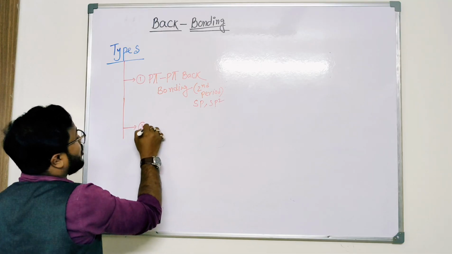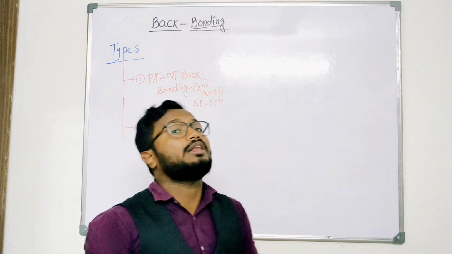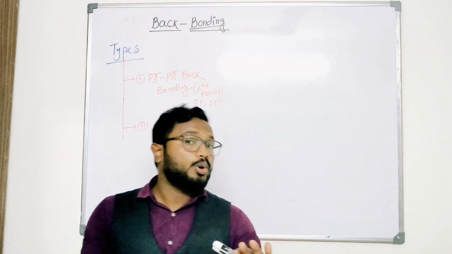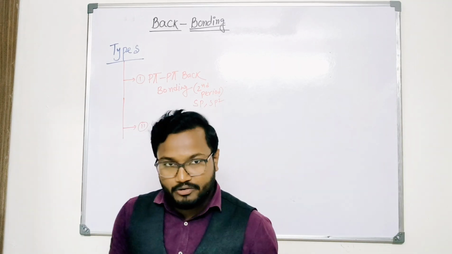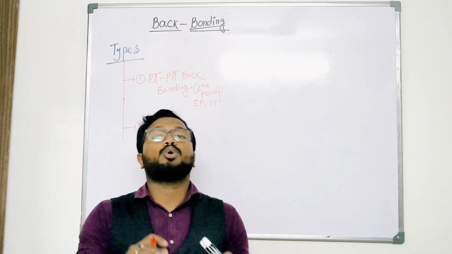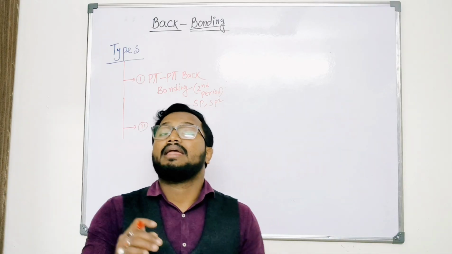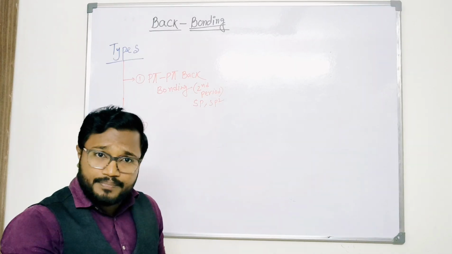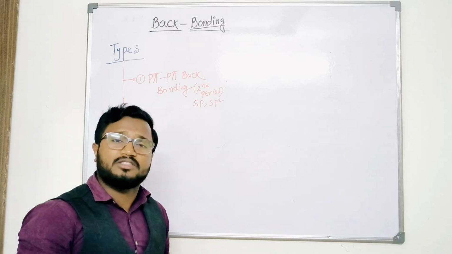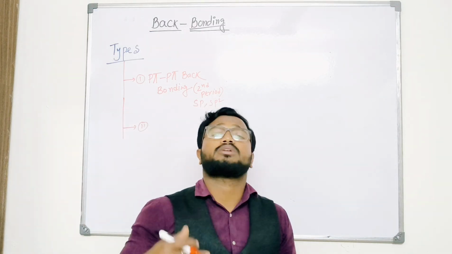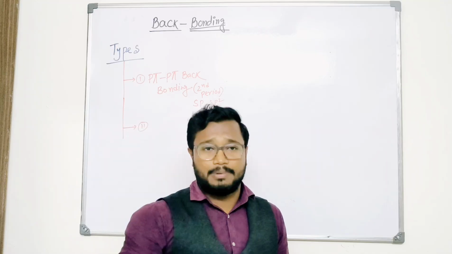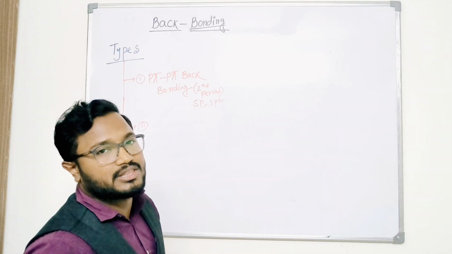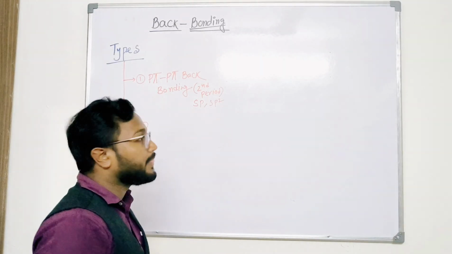Why? Because for back bonding the molecule needs to be in a plane. We know sp2 hybridization means trigonal planar geometry, so it is on the plane. Now if it is sp3, it is tetrahedral. A tetrahedral or pyramidal structure is out of the plane, so it is impossible for them to form back bonding.